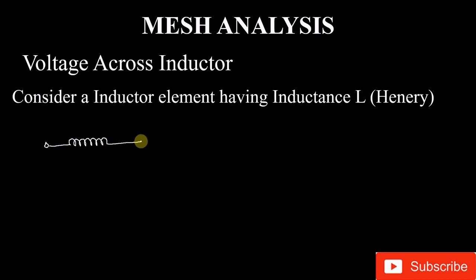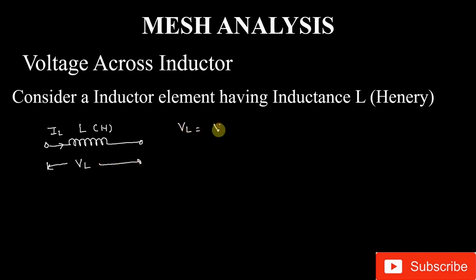So I have considered the inductor here. The symbol is L, the unit is Henry, represented by H. Now I consider that the current flowing through it is IL, and the voltage across this inductor is VL. Our aim is to find VL.